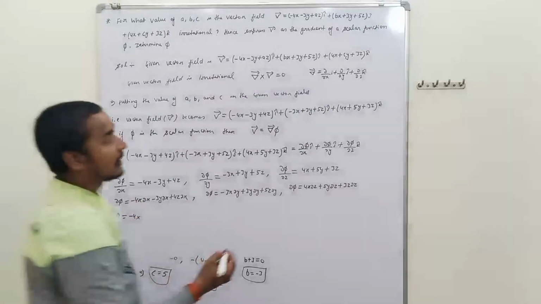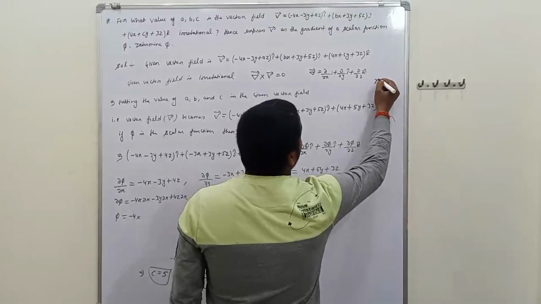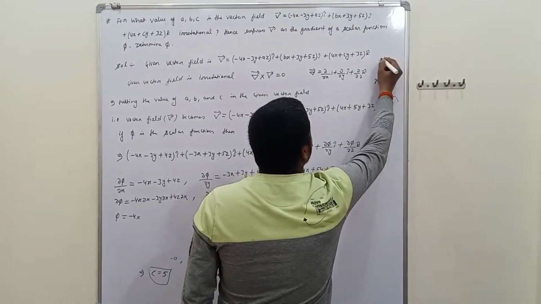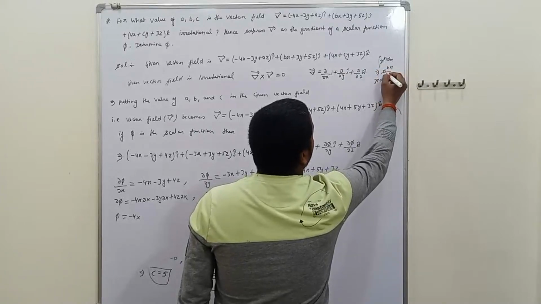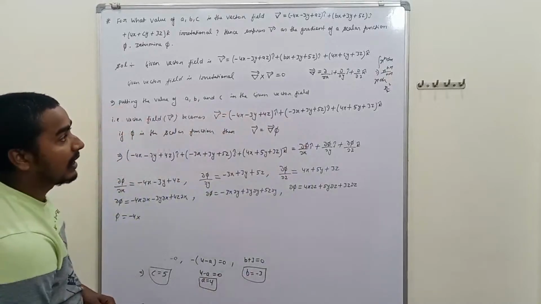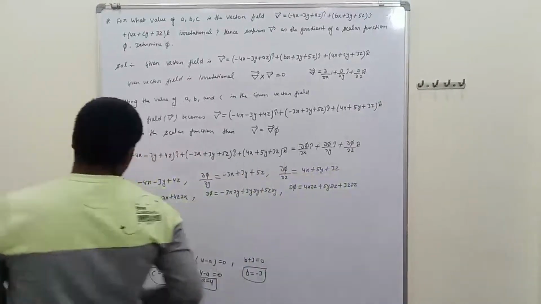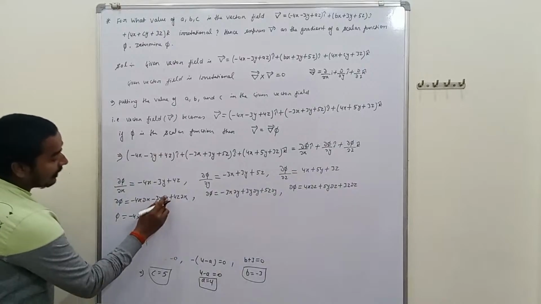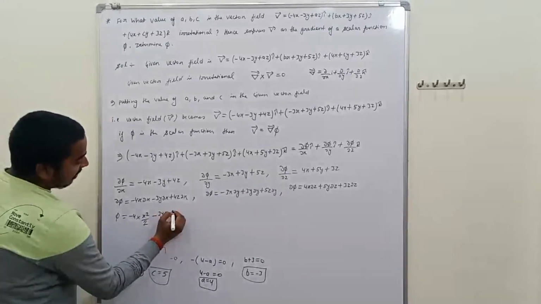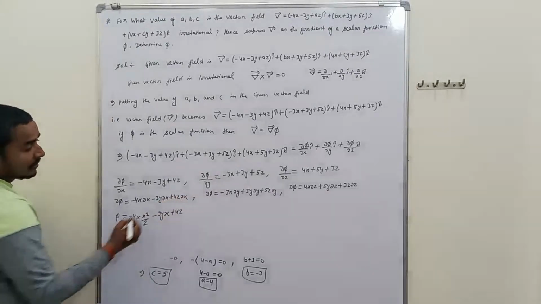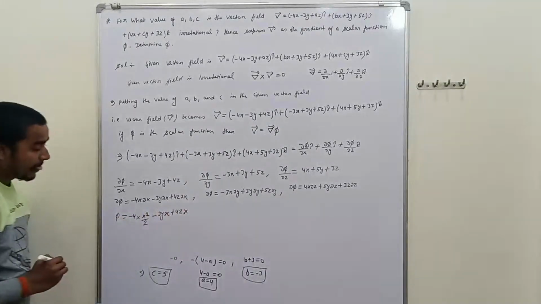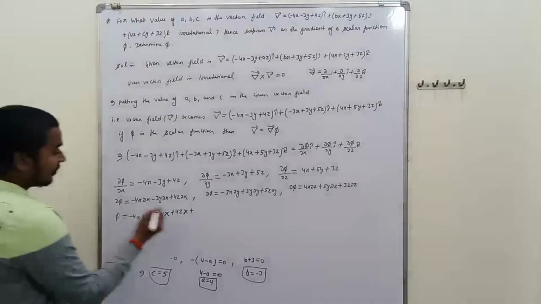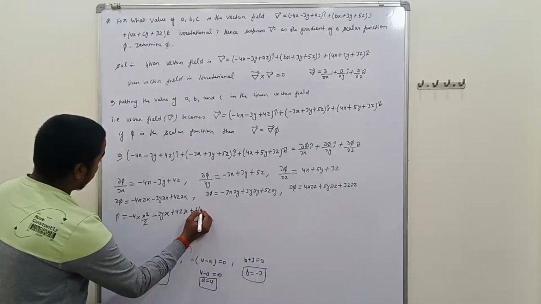Using the formula ∫xⁿ dx = xⁿ⁺¹/(n+1), ∫x dx is x²/2. Then -3y, integrating dx gives x, and +4z, integrating dx gives x, and we take a constant as f of yz.